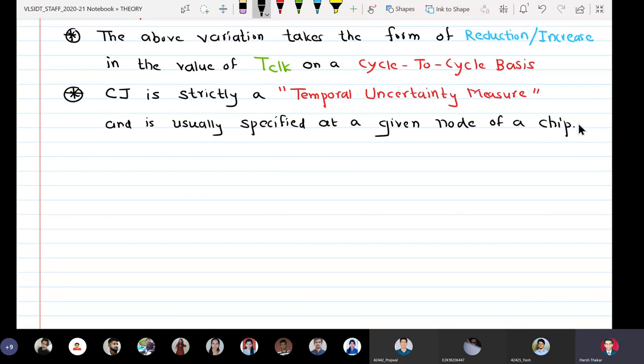By chip I mean the integrated circuit or the wafer, where the electronic circuitry has been laid out or fabricated.